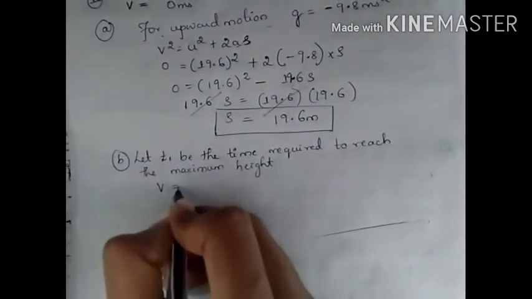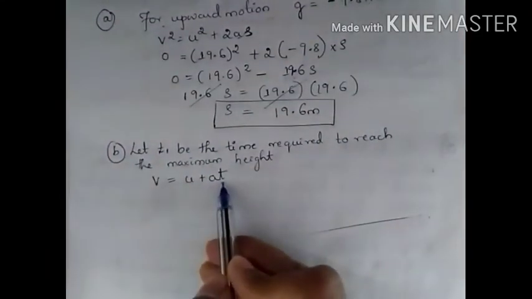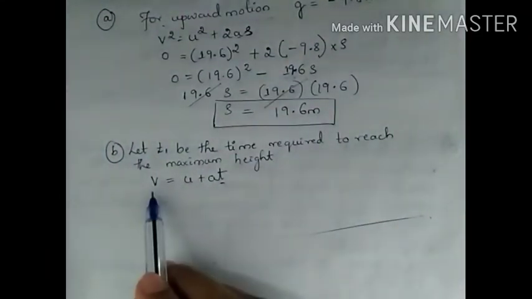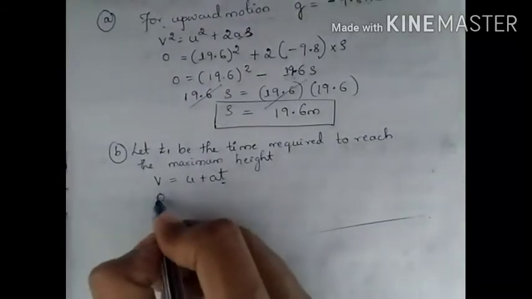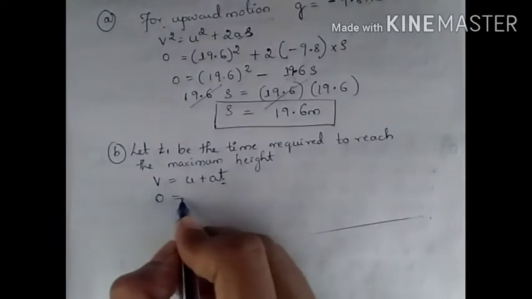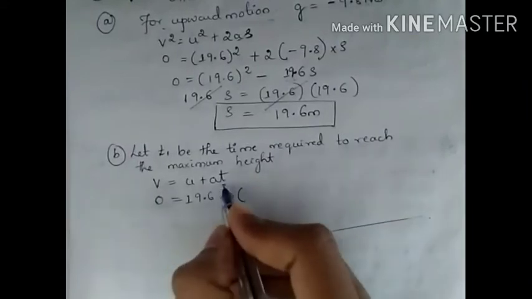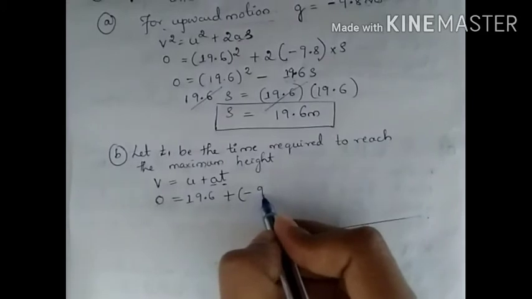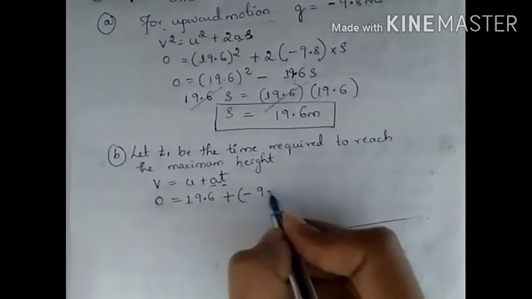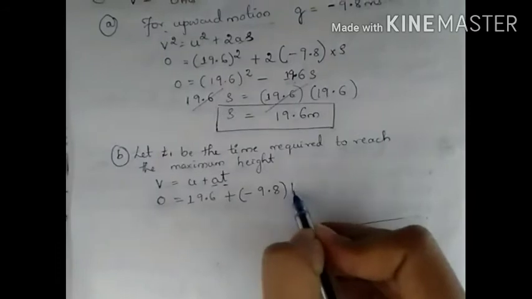From the equation v is equal to u plus at, we can find the time t. Here v, u and a are all known to us. Substituting v as 0, u as 19.6, plus a, which we take as minus 9.8 because it is moving opposite to the direction of acceleration due to gravity, so a is minus 9.8 meters per second square, multiplied by T1.